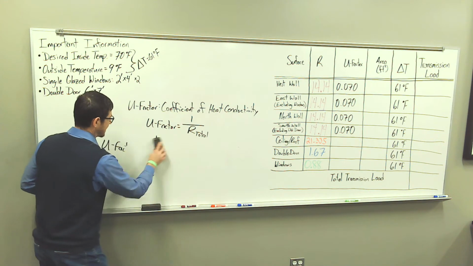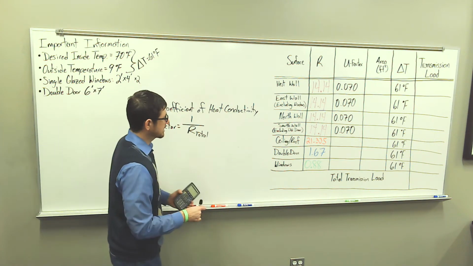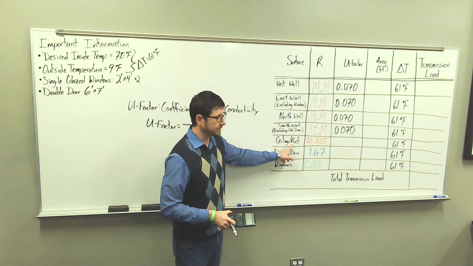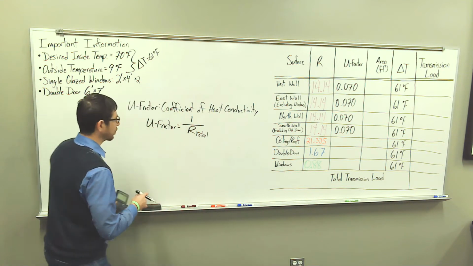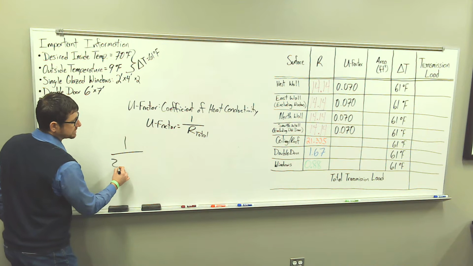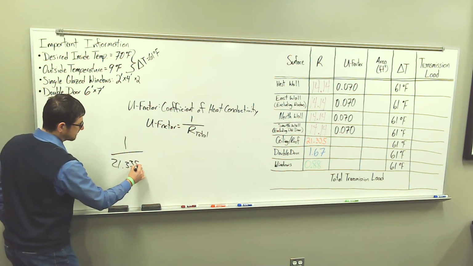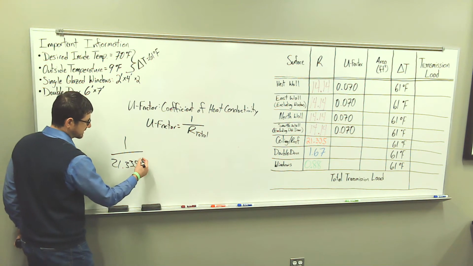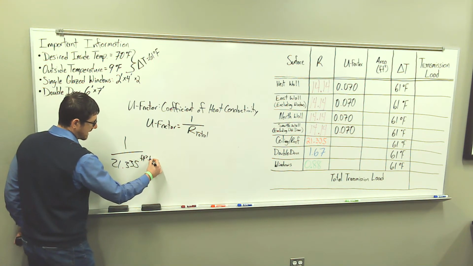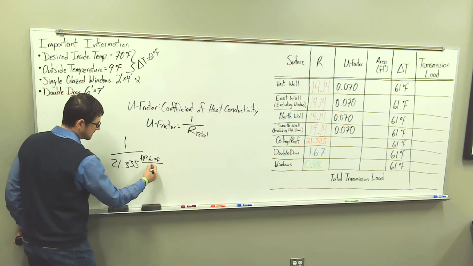Now let's take a look at the U factor for the ceiling and the roof here. So we have 1 divided by 21.335. And taking a look at our units, we're going to have foot squared hour degree Fahrenheit per BTU.